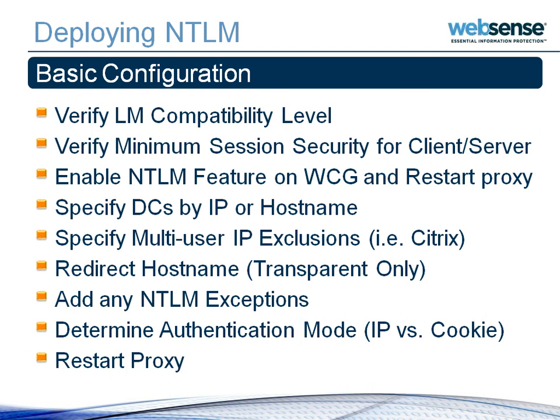Should you have kiosks, for example, or maybe a lab or some servers that you don't want to authenticate against using NTLM, you can add these exceptions in there. Finally, you determine the authentication mode, whether you're going to use IP authentication mode, or if you're going to use cookie-based authentication mode. Cookie basically keeps a little cookie to track the identity of the user. And finally, you restart the proxy.